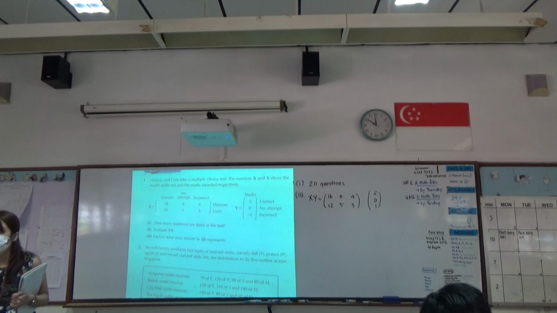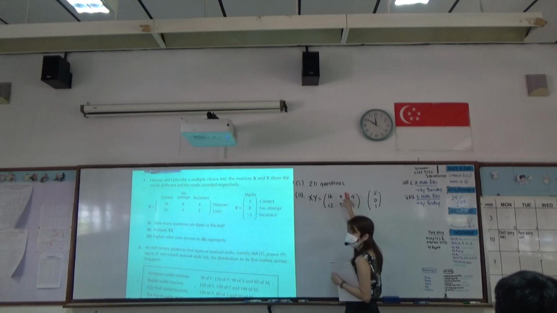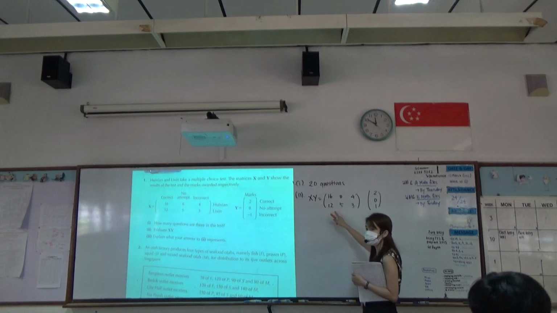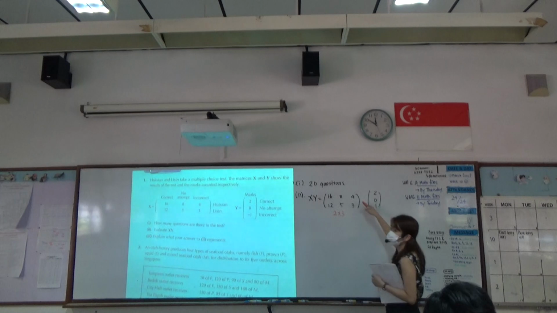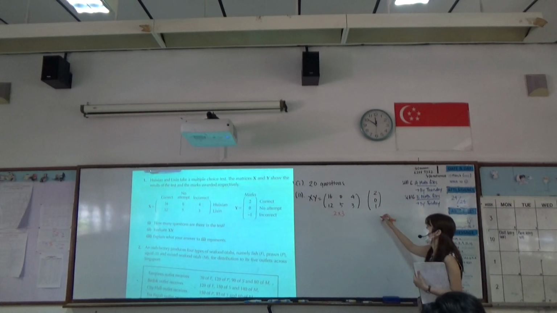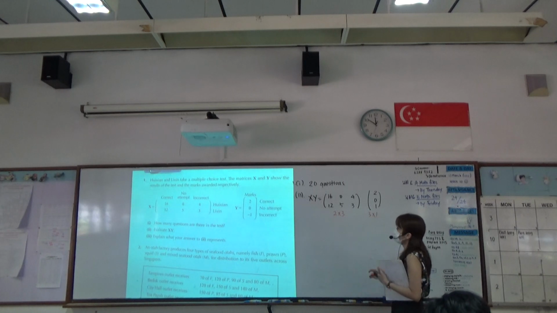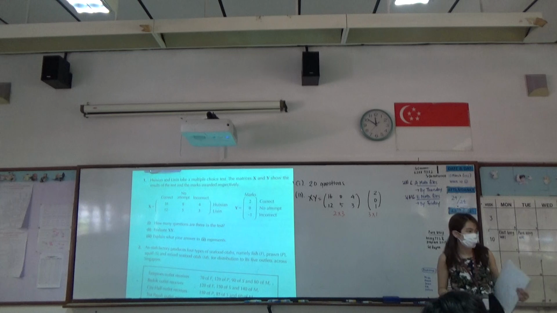2 by 3. And then the order of this matrix, what would it be? 3 by 1. So therefore, my final order of the matrix should be what kind of matrix?